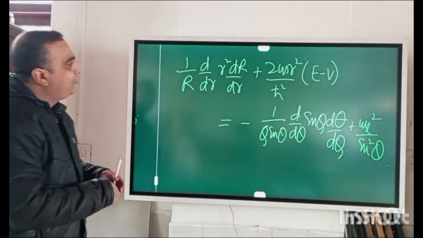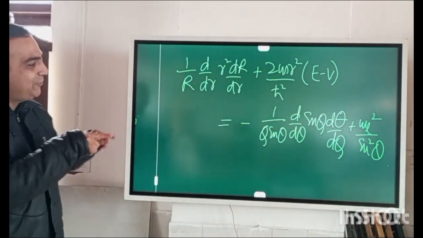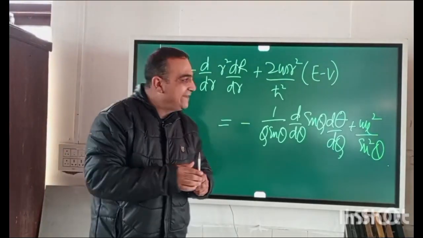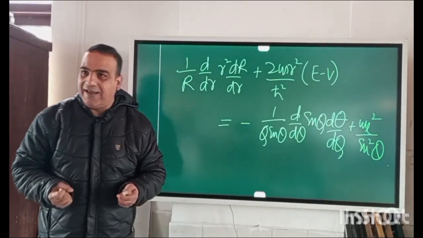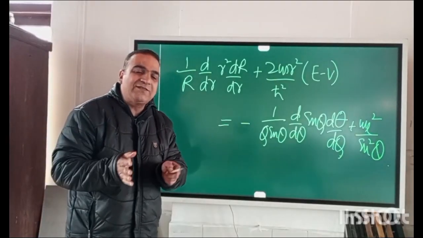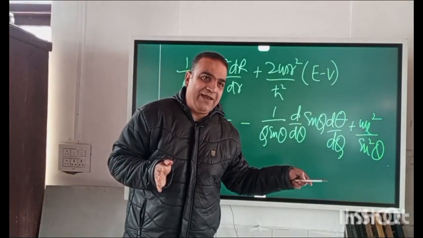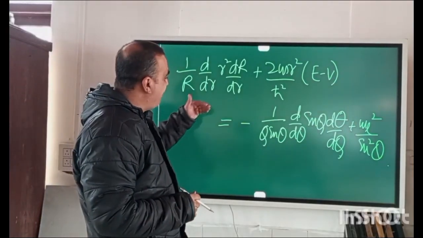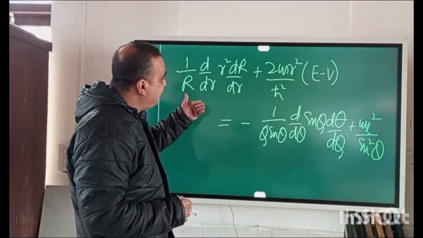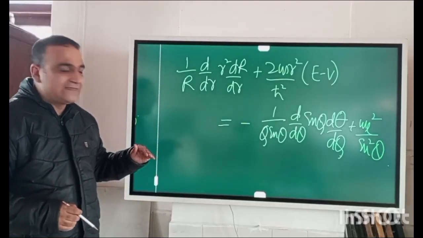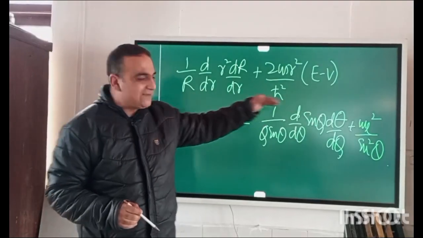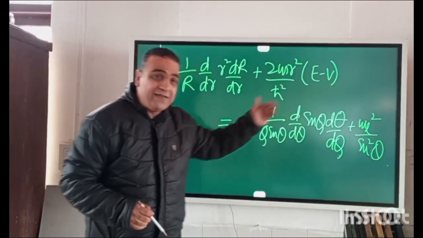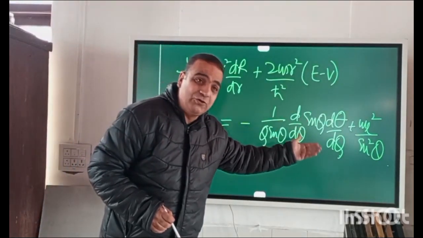Now you have the left-hand side of the equation and the right-hand side of the equation. So the point is that you have to introduce a constant that works for these equations. People have already worked on it, and what they observed is that they introduced a constant so that the left-hand side is equal to that constant, and the right-hand side is also equal to that constant.